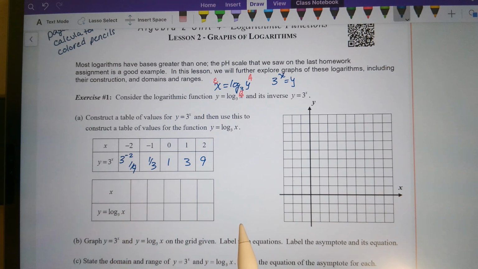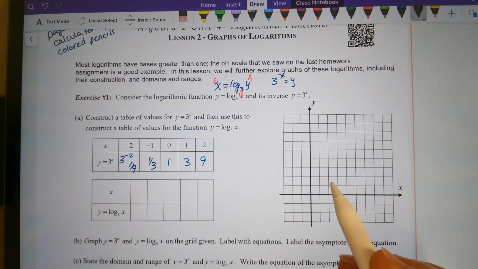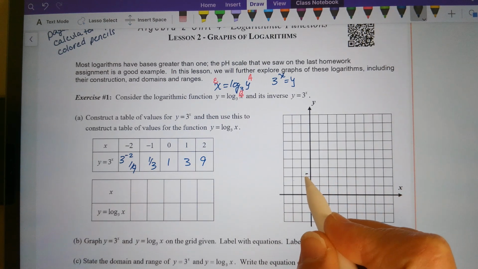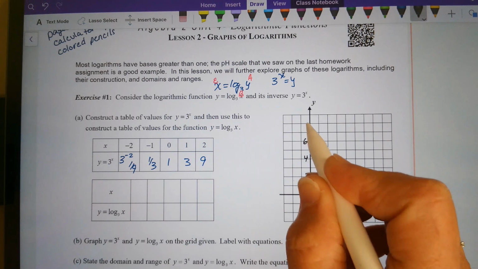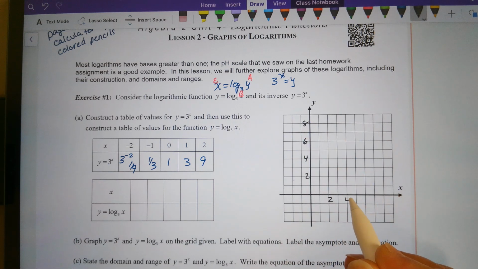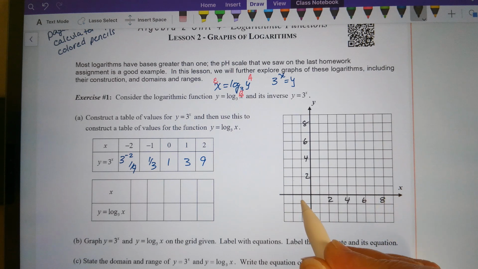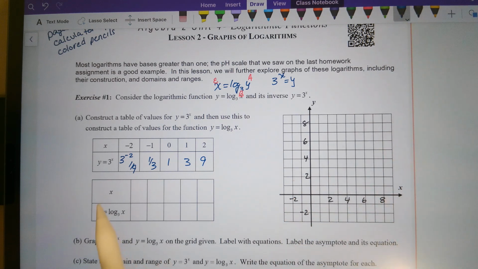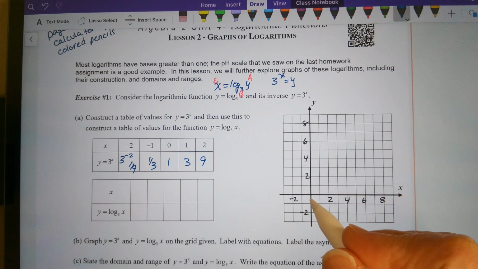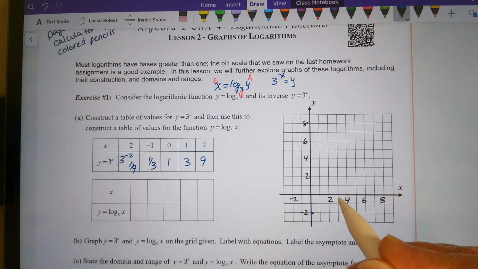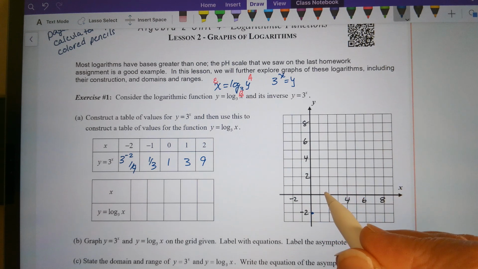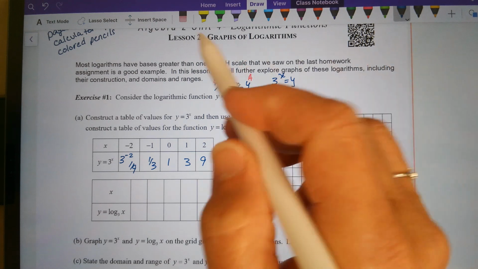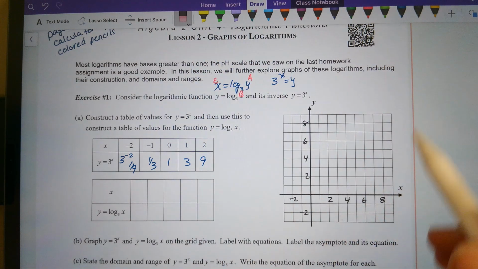Let's go over and plot these points. And I always like to have some unit numbers here before I start to plot. Alright, so using blue, 1/9, negative 2. That is totally incorrect.